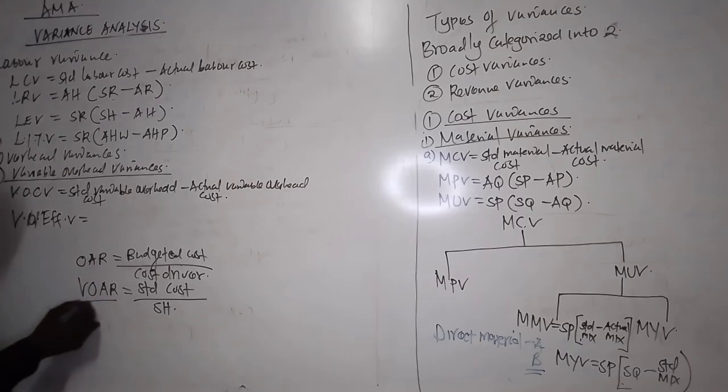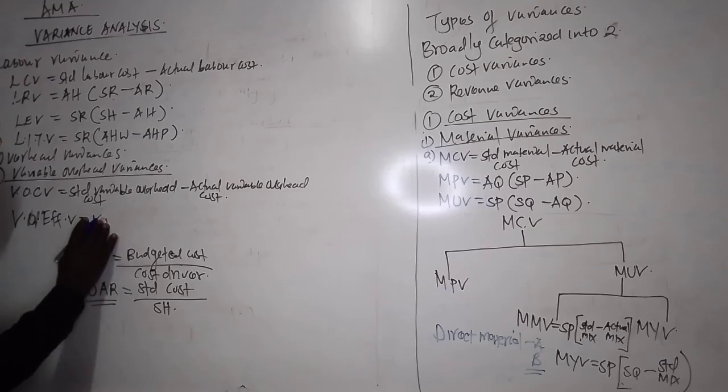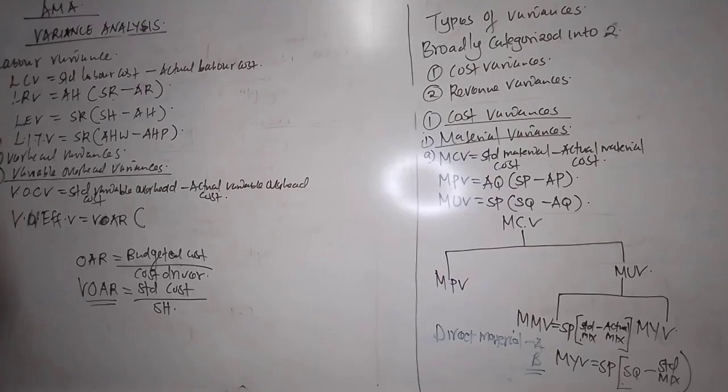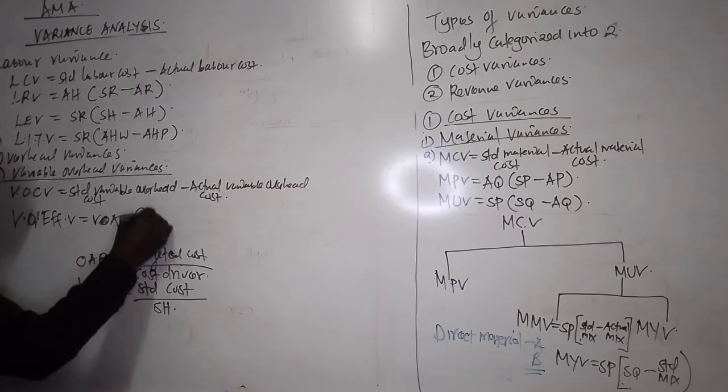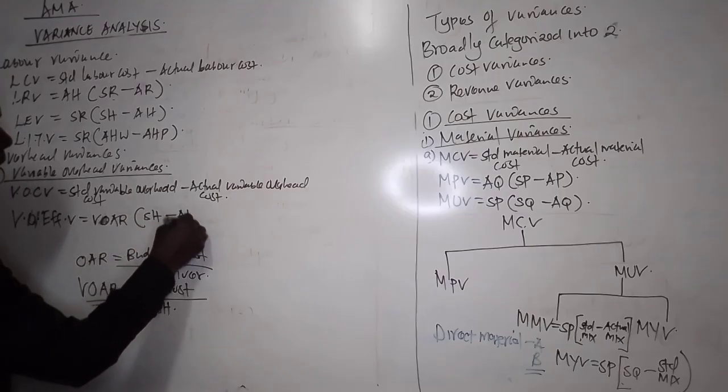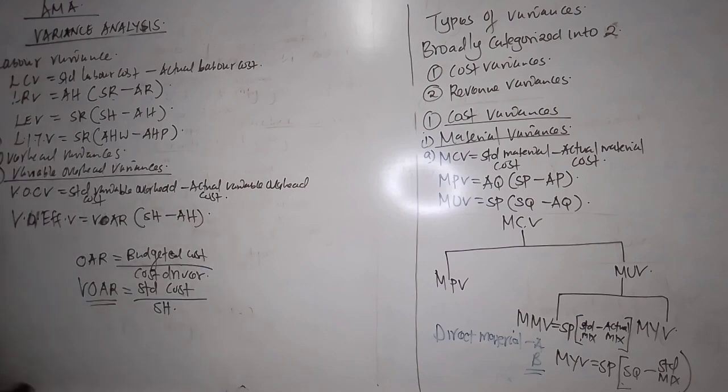Once we get the variable overhead absorption rate, we multiply it by the standard hours minus the actual hours. That is how we get the variable overhead efficiency variance.